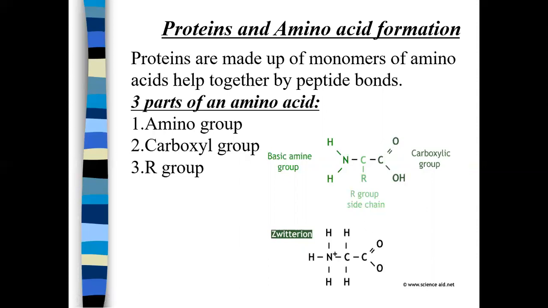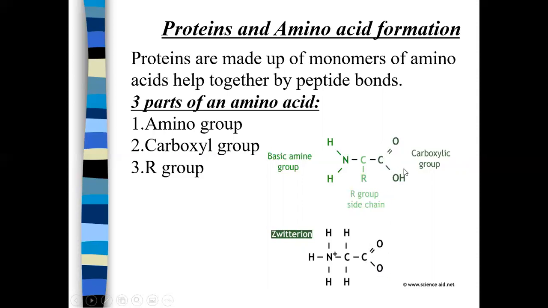A zwitterion is a compound that has both positive and negative charges. Here nitrogen has a positive charge, and this oxygen has a negative charge, which was mistakenly erased. A zwitterion is an ion having both charges, positive and negative, on the same molecule.